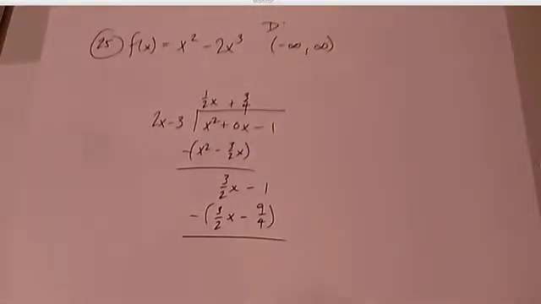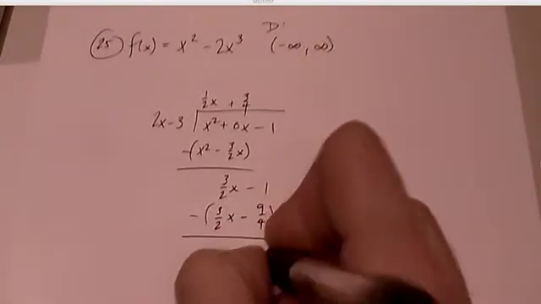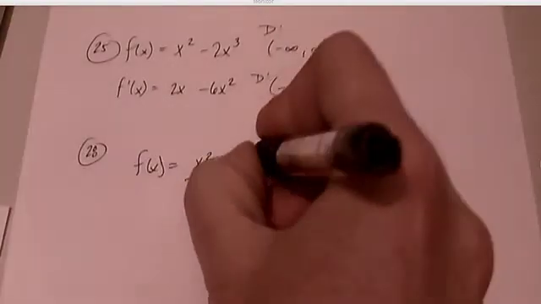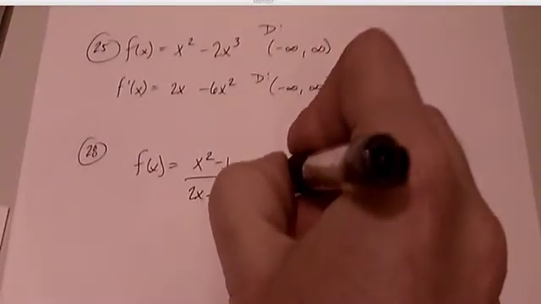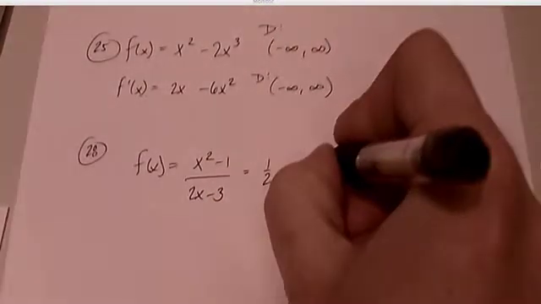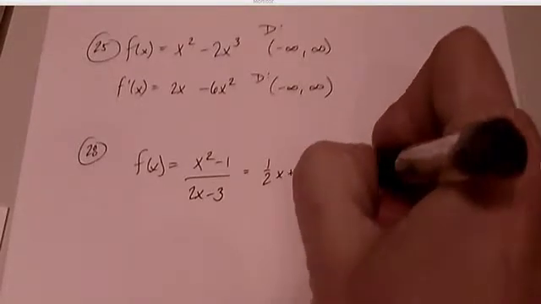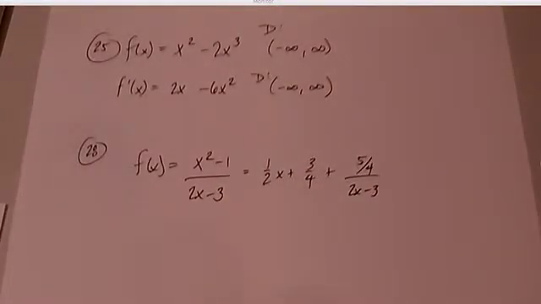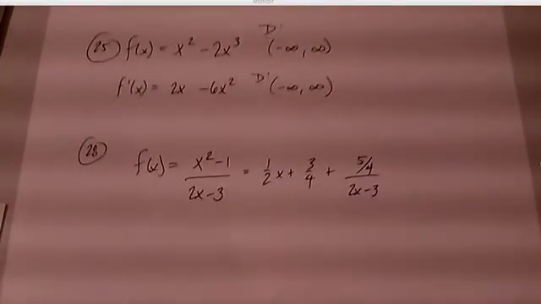And of course you're adding that, so it becomes 5/4. And so what we have here is 1/2 x plus 3/4 plus 5/4 over 2x minus 3. Now I guarantee that that's going to be a whole lot easier in order to take the derivative.